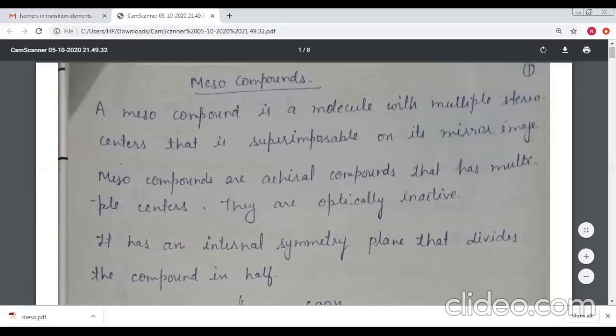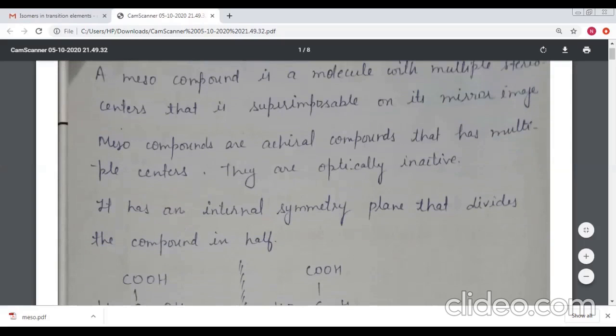For meso compounds, I want to do a short revision of this topic, just like the chiral compound. A chiral compound is a compound which has a carbon with all different groups attached to it. And a meso compound is a molecule with multiple stereo centers.